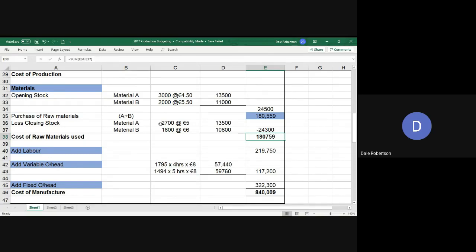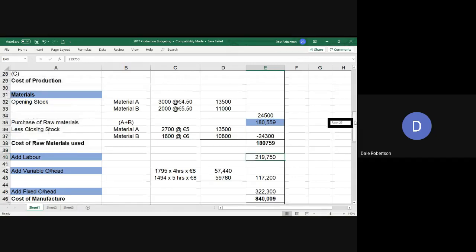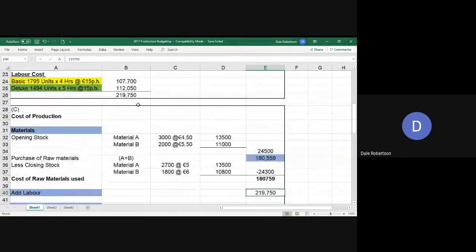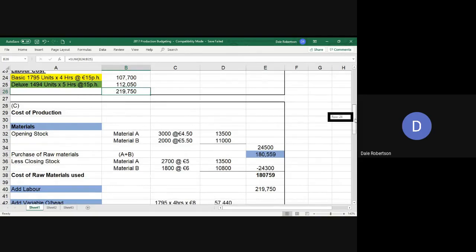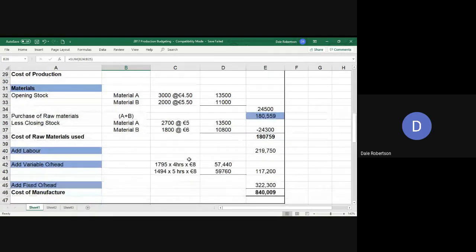You add on this labor figure, which you have worked out in the preparation that you did before you started part C. I'm referring back to this number up here, 219,750. You could do that calculation within part C, there's no problem with that. And then you're going to do a very similar calculation for variable overheads.